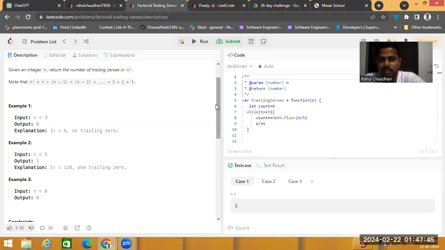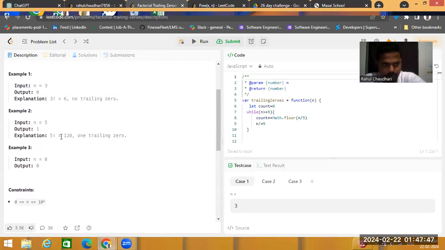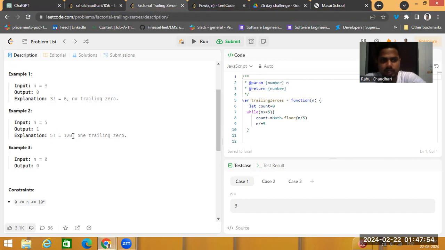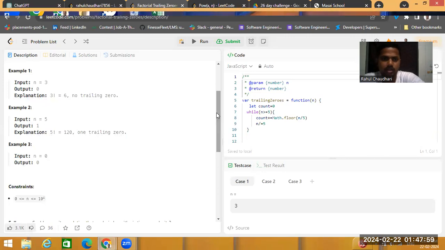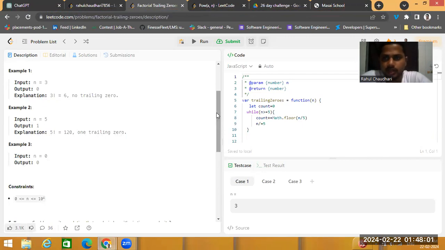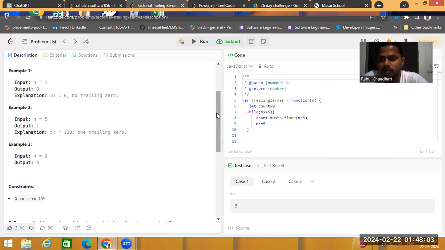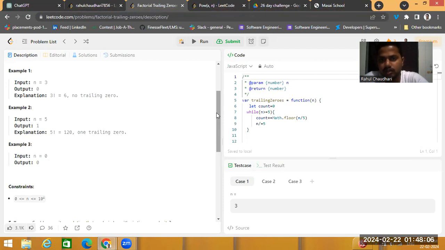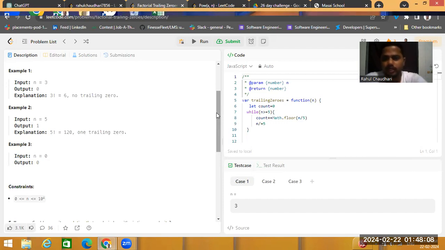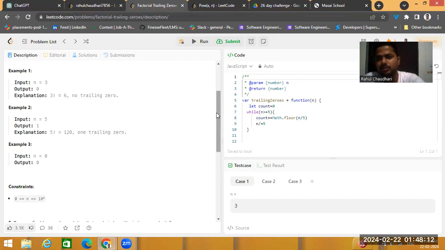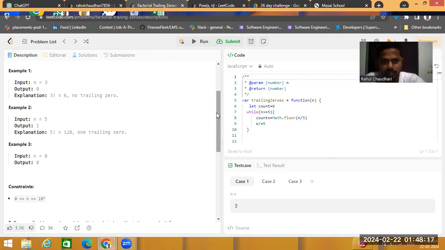If there is 1 zero, we print 1. If there are 2, we print 2. So first you need to convert into the factorial number, and you need to find how many zeros are in the result, right?